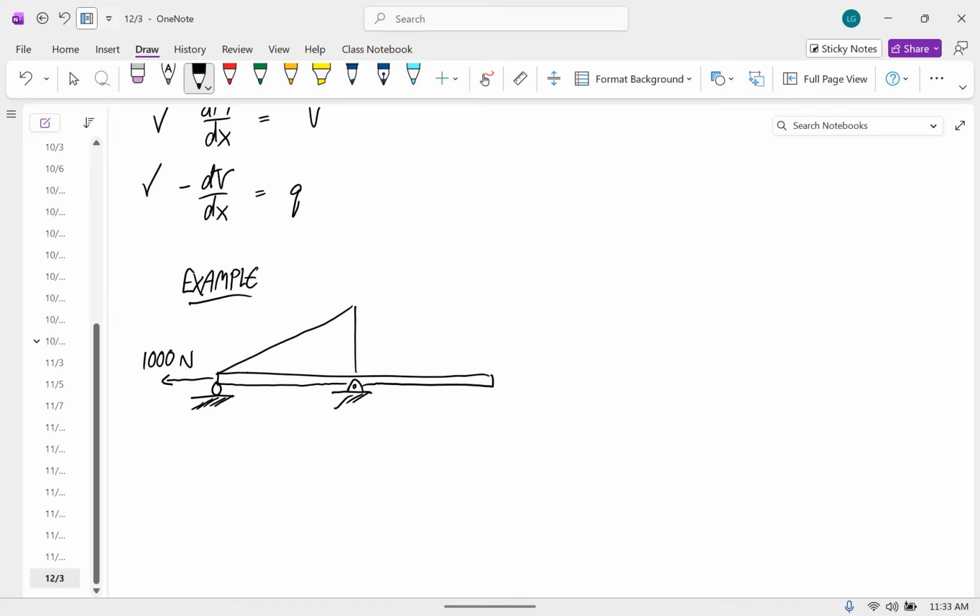And a distributed load like this, that goes up to a height of 500 newtons per meter. The whole thing is 2 meters long. So this is 1 meter and this is 1 meter. And the mass of this beam is 10 kilograms. And we want to calculate the internal loads.